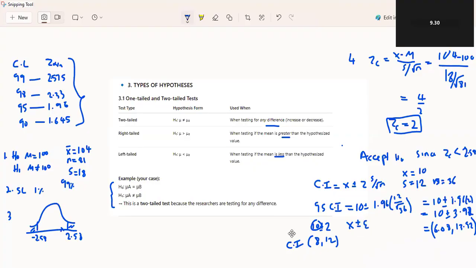So this is the error. Our standard error is simply the standard deviation over square root of n. When we multiply it by our z value, we get the margin of error. So this is how we find the confidence interval.